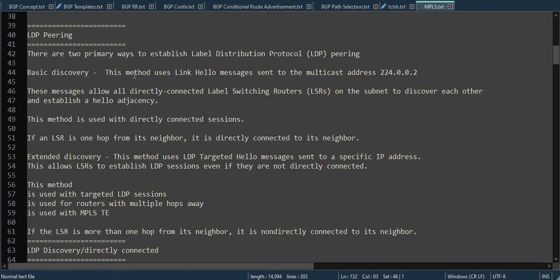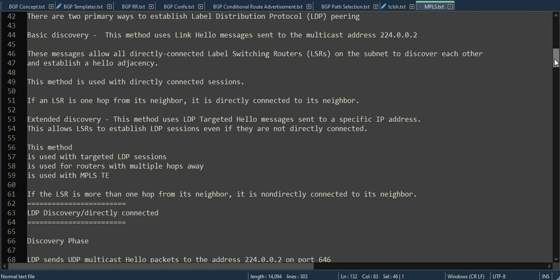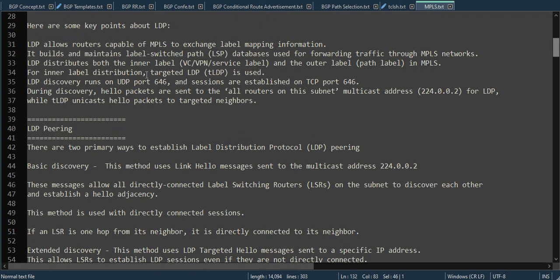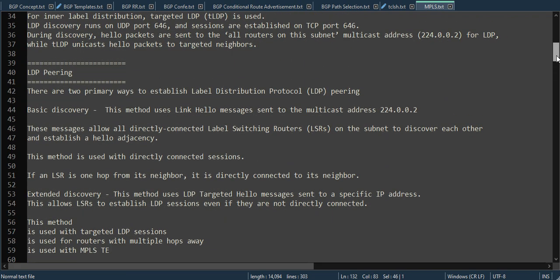Basic discovery is for LDP LSRs one hop away, and extended discovery is for LSRs more than one hop away. Extended discovery uses targeted LDP, but basic discovery uses LDP with the multicast address and uses multicast hello packets.